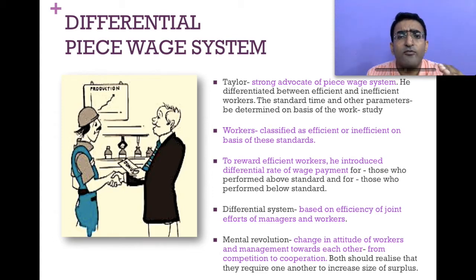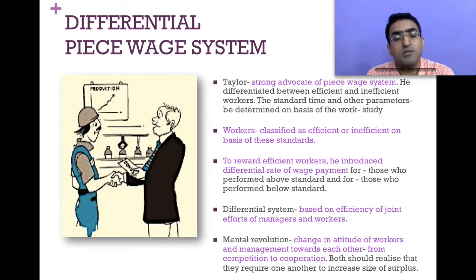Now, if a worker is able to produce up to his standards, or if he is able to perform even better, he will be given the remuneration at a different rate. And if the worker is unable to produce up to the standard, he is paid slightly less than that.